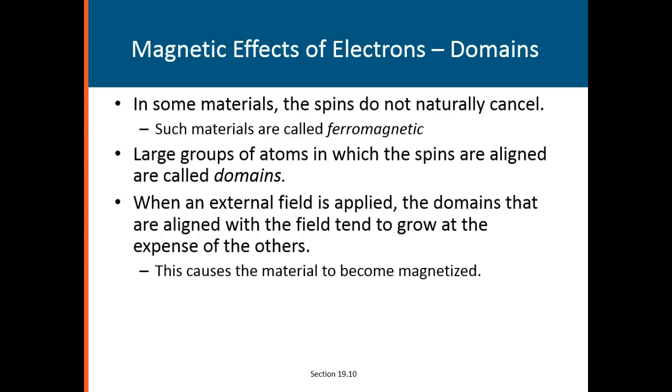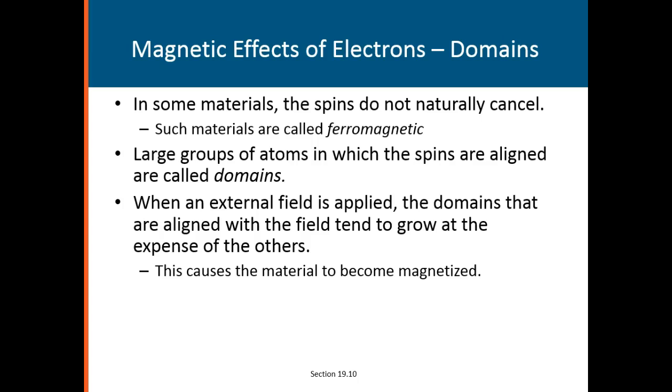Large groups of atoms in which the spins are aligned are called domains. And that's actually the title of 19.10 in the new book, magnetic domains. So we're just getting to that in this slide, okay? Large groups of atoms in which the spins are aligned are called these domains.